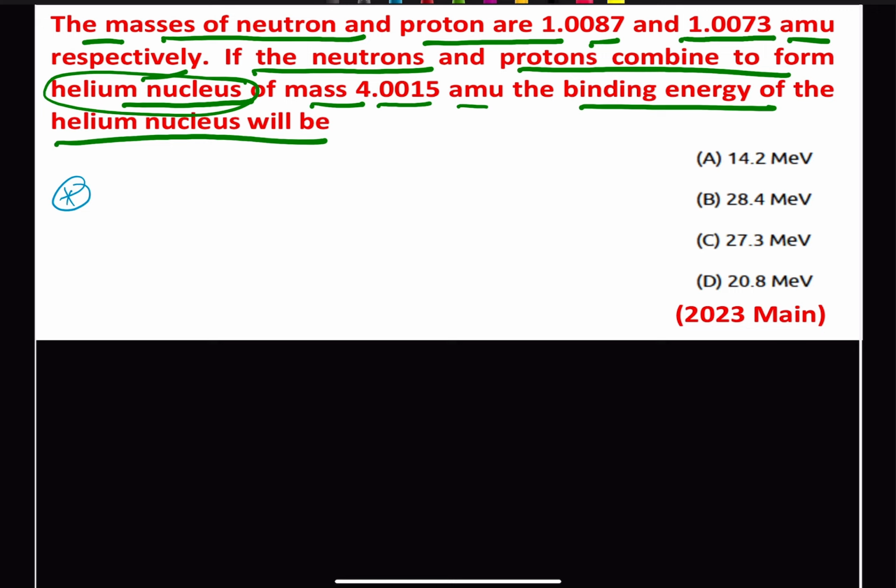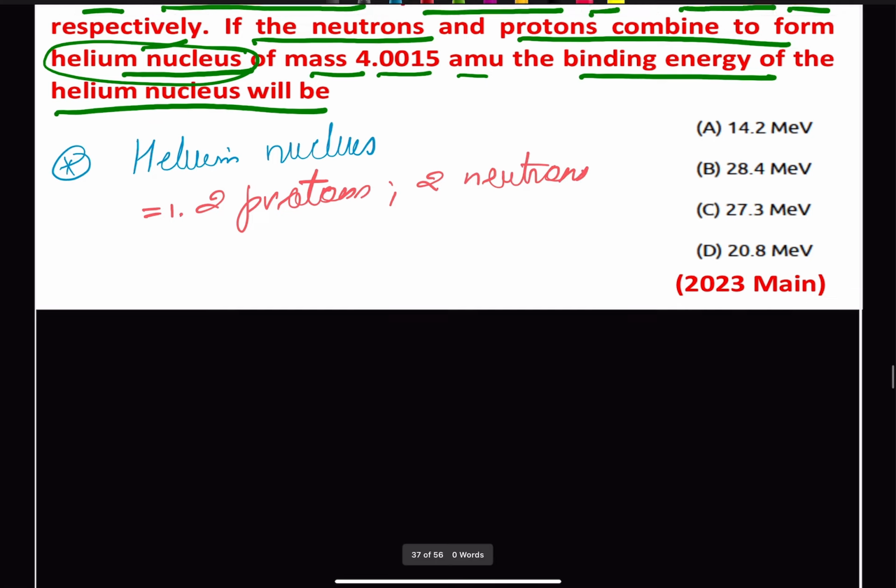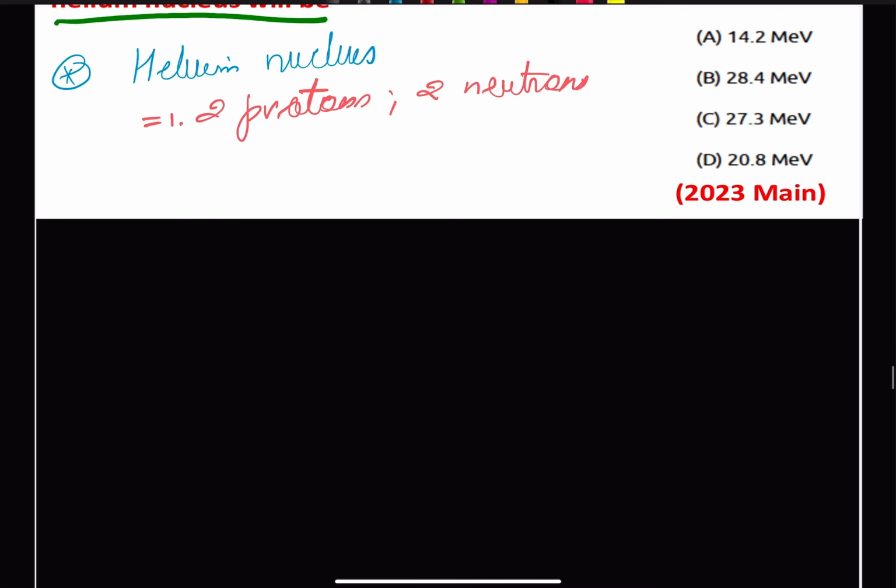So we can say our helium nucleus contains 2 protons and 2 neutrons, and the mass of 1 proton and 1 neutron is given to us.